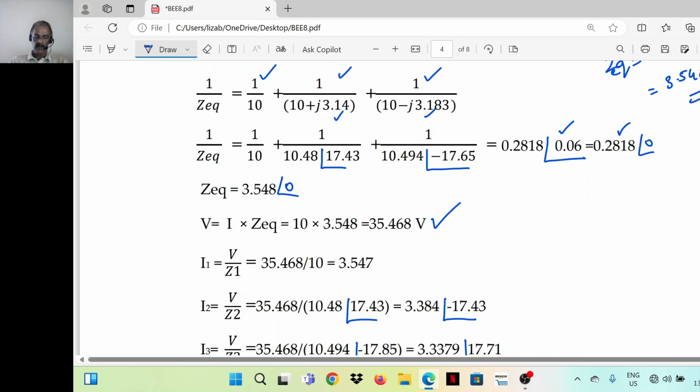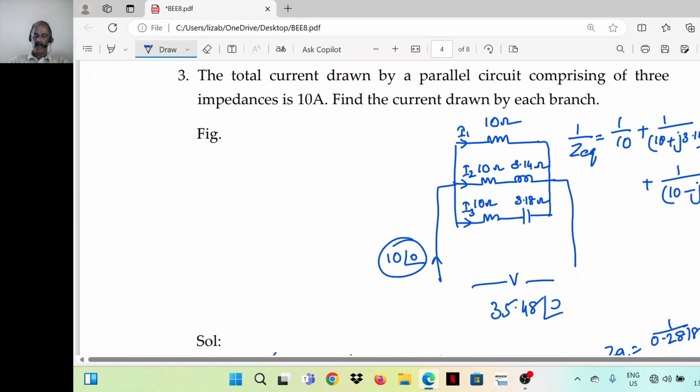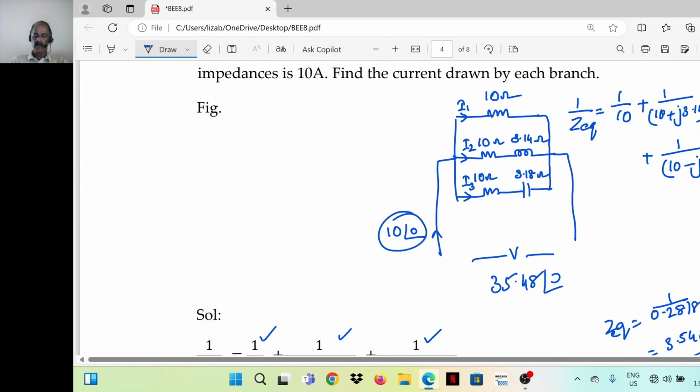Here it is 35.48 volts. Now I1, the branch currents can be found out by I1 is voltage divided by 10 ohm.